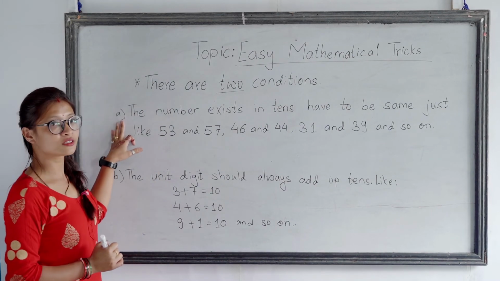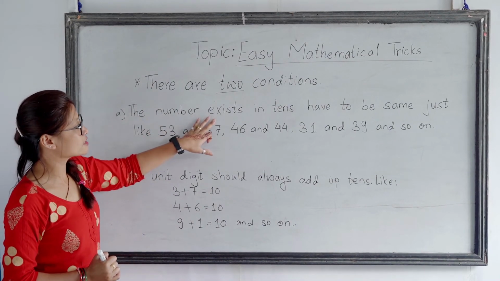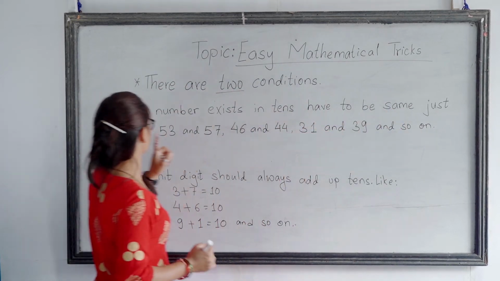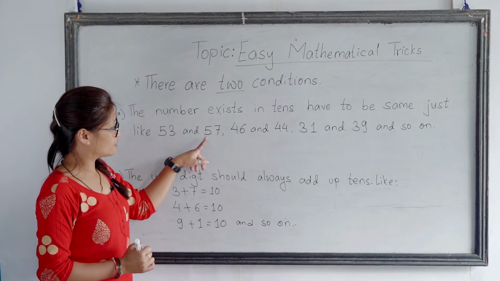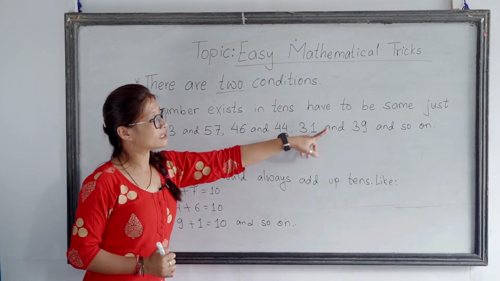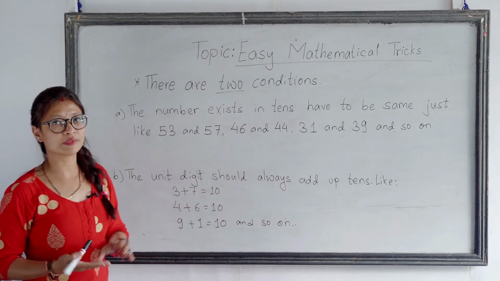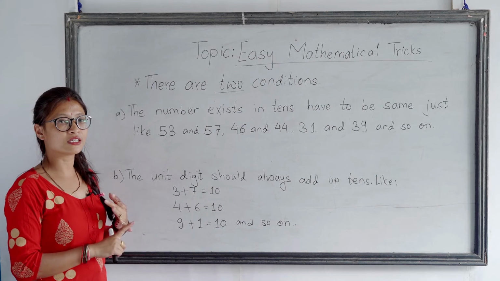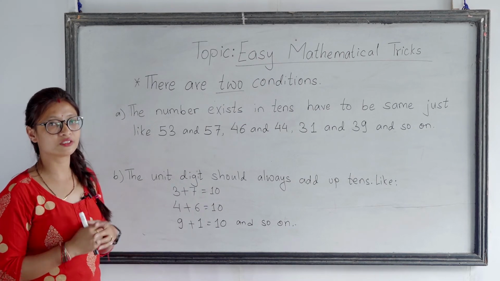Okay, the first condition is the numbers in the tens place have to be the same, just like 53 and 57, 46 and 44, 31 and 39 and so on. That means the numbers should have the same leading digits like 117 and 113.